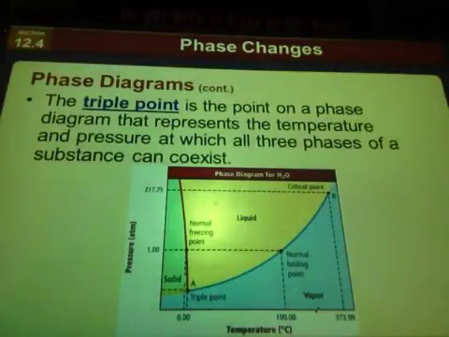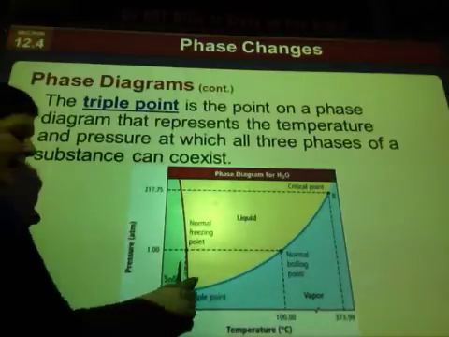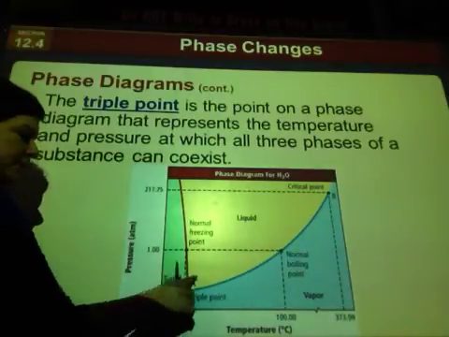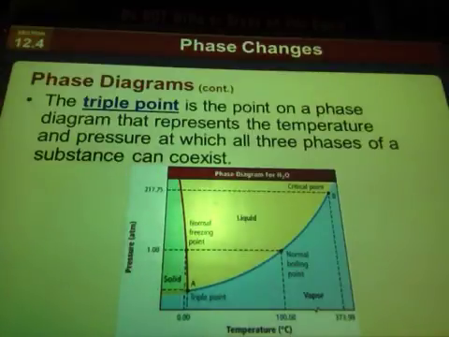Now, there's a point A and a point B on your phase diagram, and that will always be true for every phase diagram. You'll have two specific points that are super important to locate. The first point, letter A, is right here, and this letter A is called the triple point. The triple point is the point on a phase diagram that represents the temperature and pressure at which all three phases of a substance can coexist.